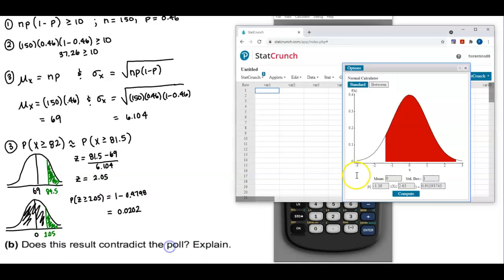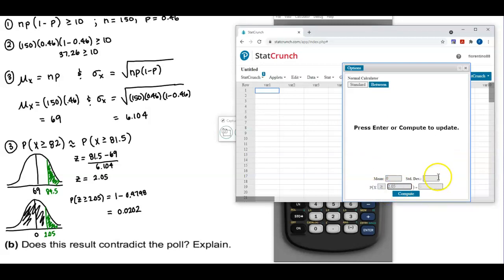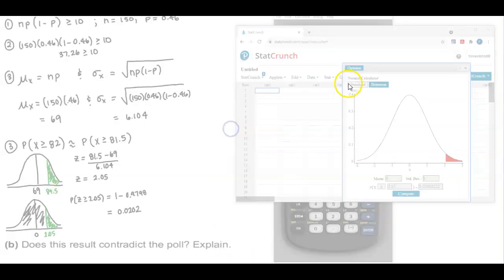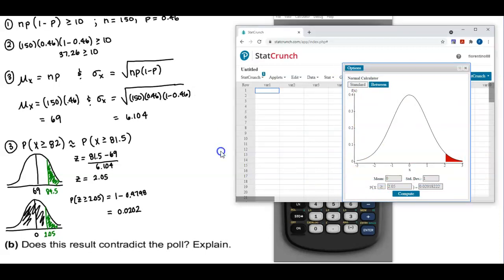And if we use the curve here, again, we're looking for greater than 2.05 with a mean of 0 and a standard deviation of 1, and therefore there is the same area that we got in those two results.